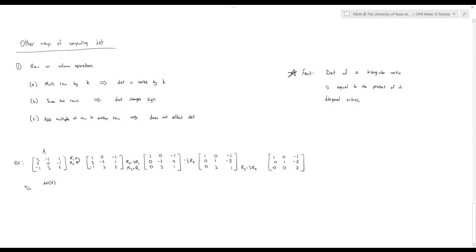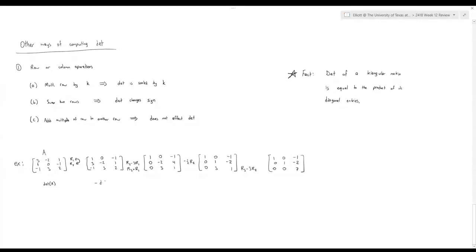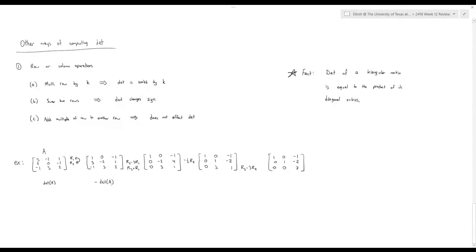All right, so down here, I'm going to keep track of the determinant of each of these matrices. Originally starting with A, the determinant of this we don't know, but I'll just call it determinant of A right now. Because we swapped rows to get from here to here, the determinant of this matrix should be the opposite of the determinant of A, opposite in sign.